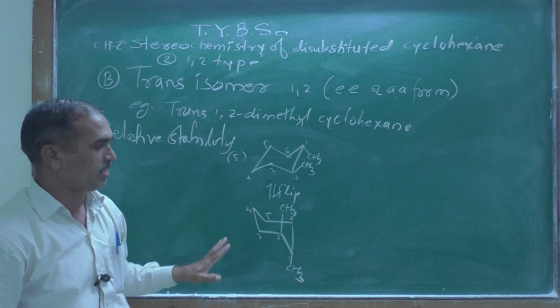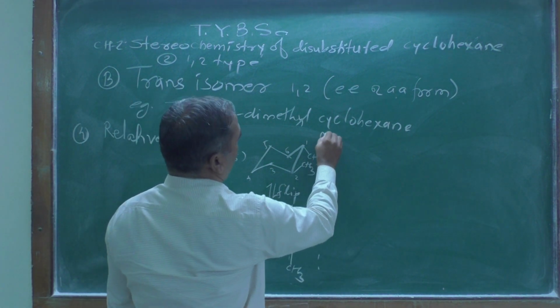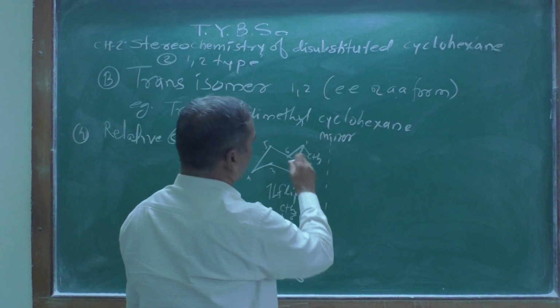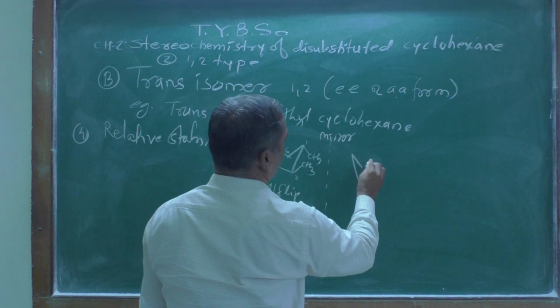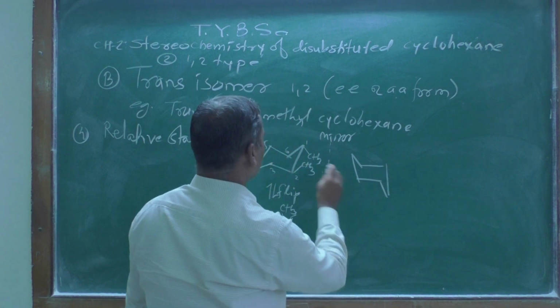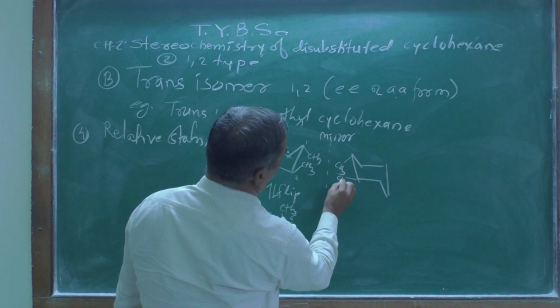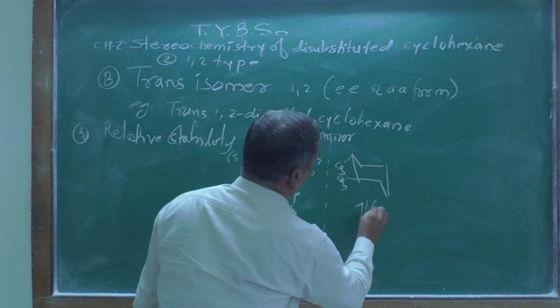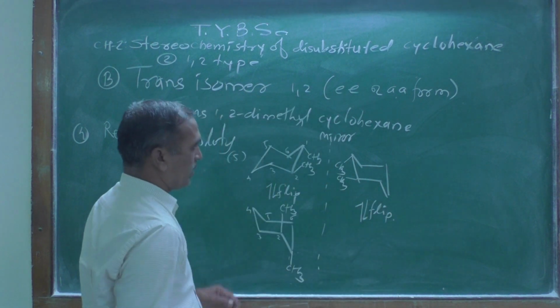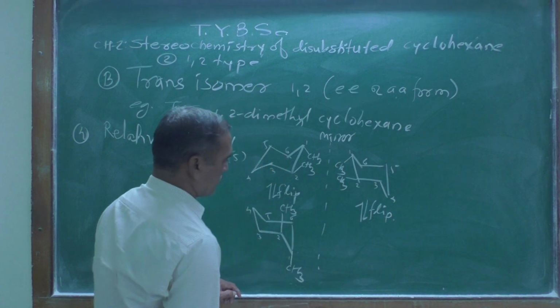Right? Now put the mirror here, and as we know, what do you see in the mirror? You can see the mirror image of this structure, right? Now this is an equatorial position CH3, and another CH3. After the flipping, what do you get? After the flipping, the carbon numbers 1, 2, 3, 4, 5 and 6 as usual.